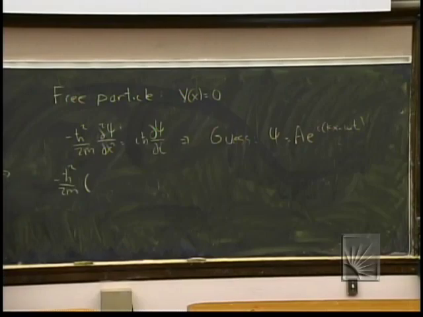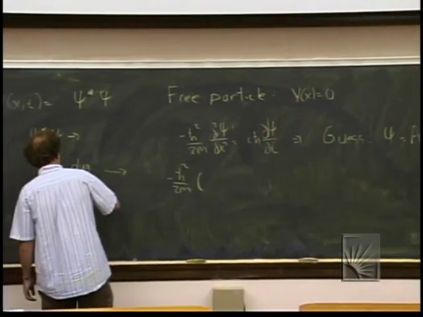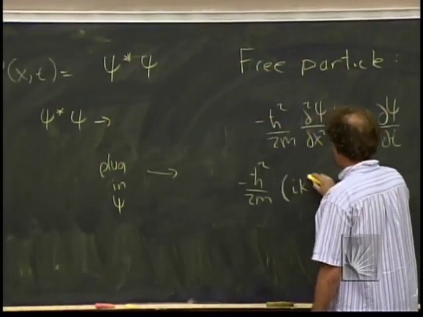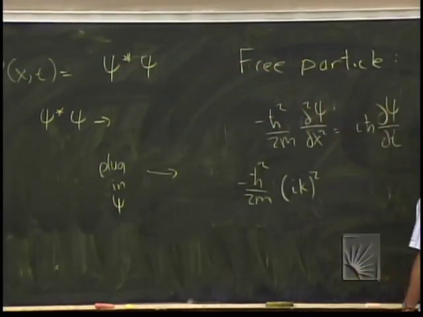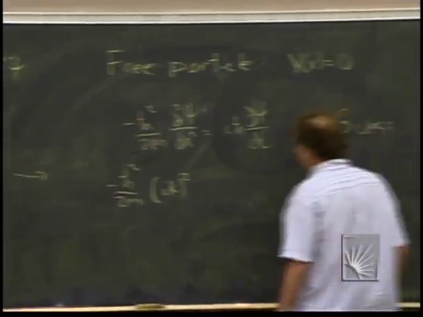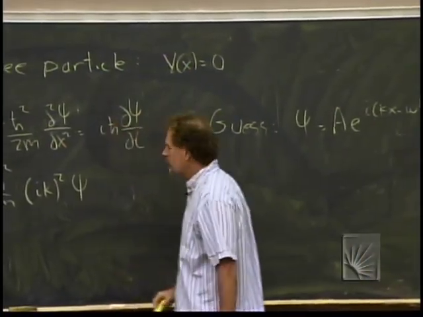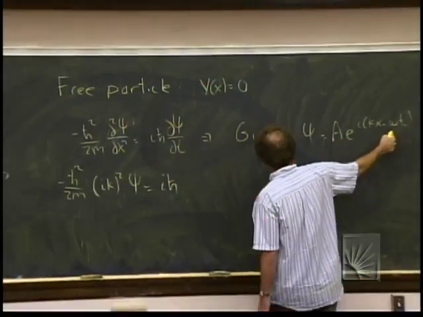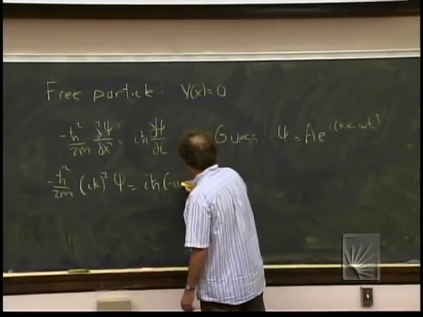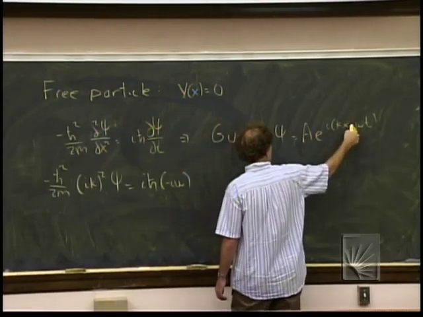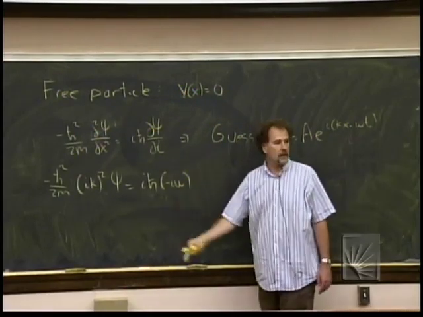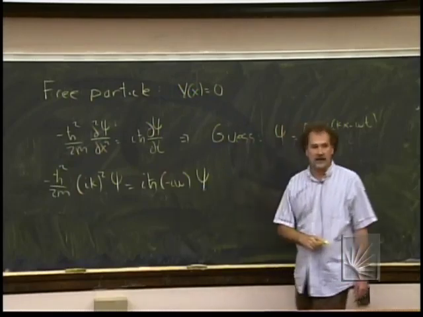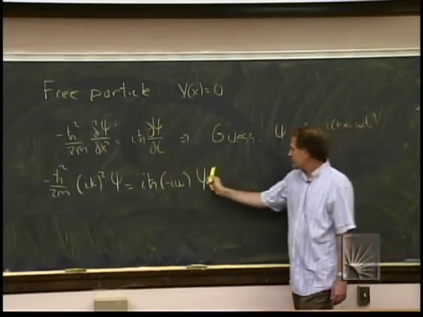So I'm plugging in psi. ik comes down twice, and then all this junk, but that's just psi. And then on this side it's i h bar, and I take one derivative with respect to time, and it should be clear that that's i times omega with a minus sign, comes down out of the exponential, and then all this junk goes along, and that's psi. And so psi cancels.